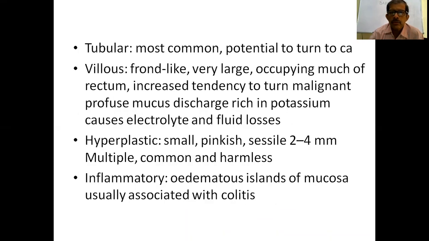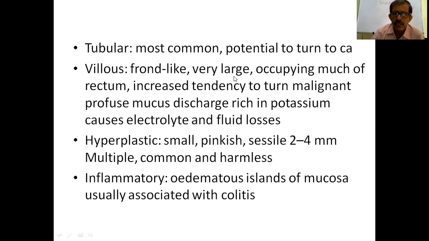And already I told you about the tubular one, which can turn into malignancy. This is the most common polyp, the tubular variety. Villous is saffron-like, very large, occupying most of the rectum.